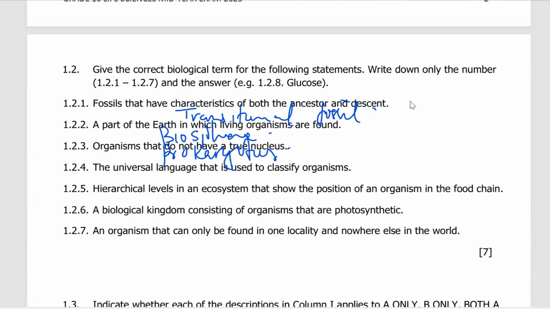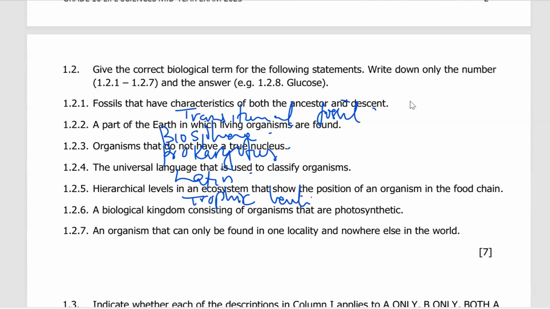Universal language used to classify organisms, how do you call that language? It's Latin. Remember, we do it in Latin. Hierarchy level in ecosystem that shows the position of an organism in the food chain, we call it trophic level. Yes. Biological kingdom consists of organisms that are photosynthetic, how do you call that?